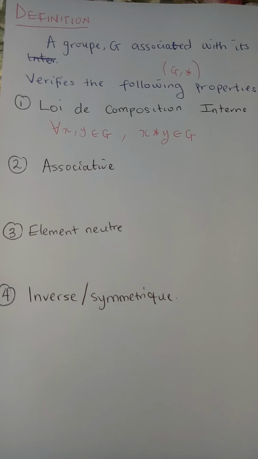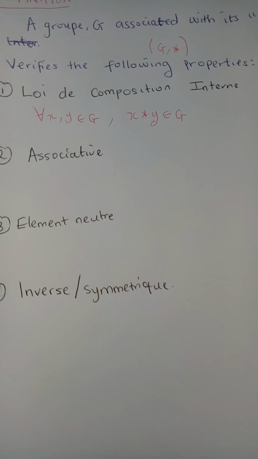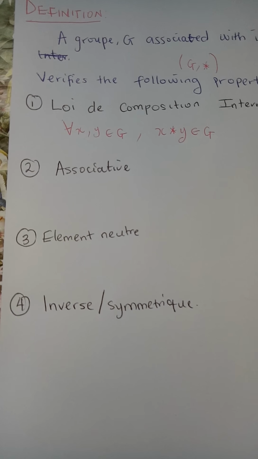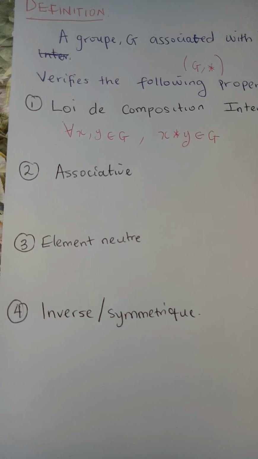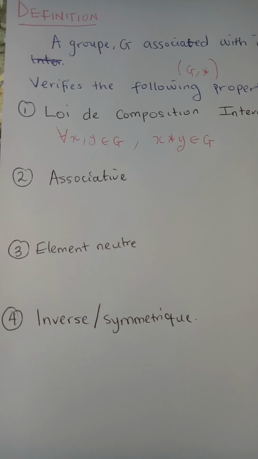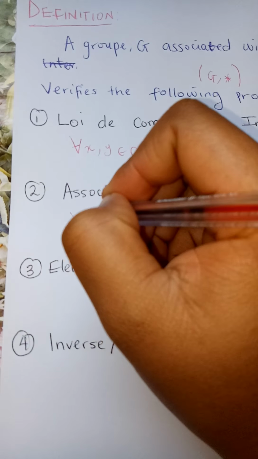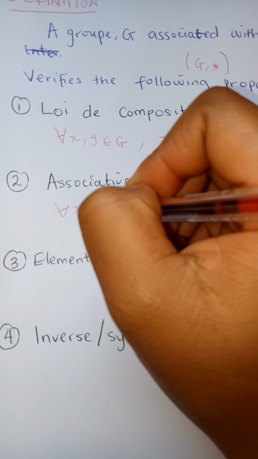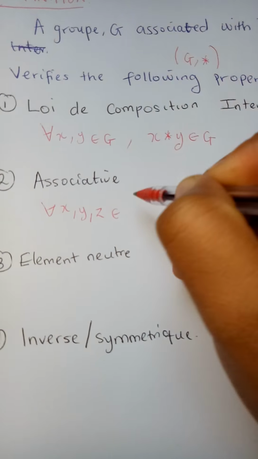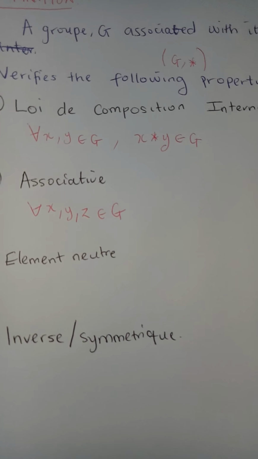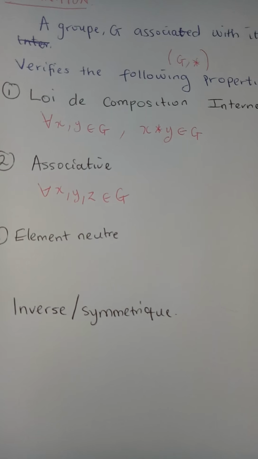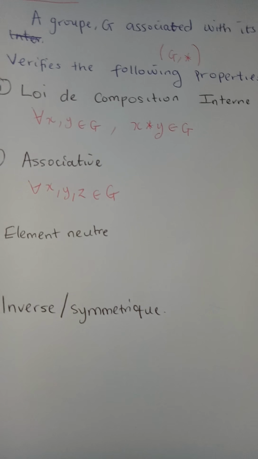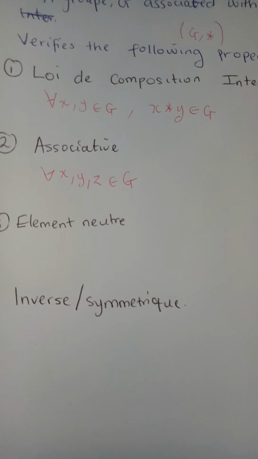Okay, so for associative, toujours, always, we are working with X and Y in a set G. So if we have for every X, Y, Z appartient à G, why did I include Z? Because generally when we're dealing with associative, we're dealing with 3 elements.